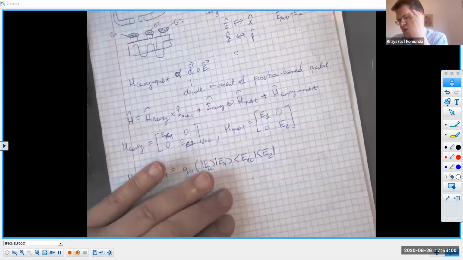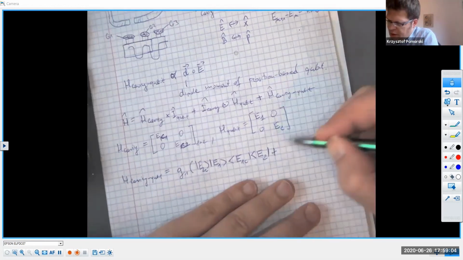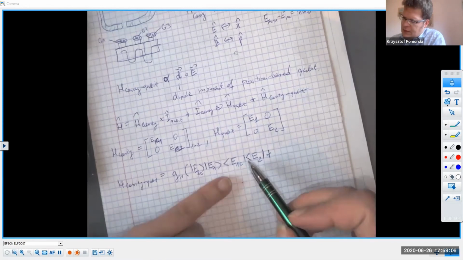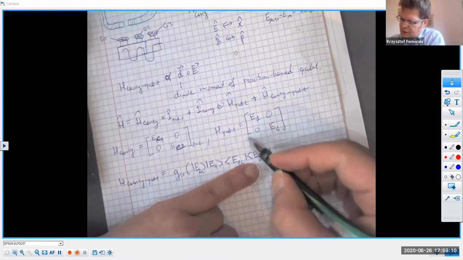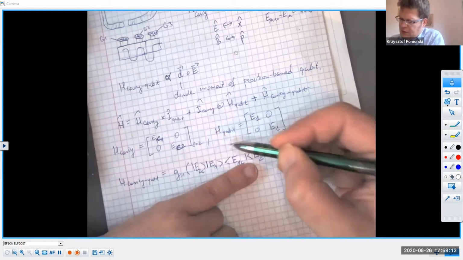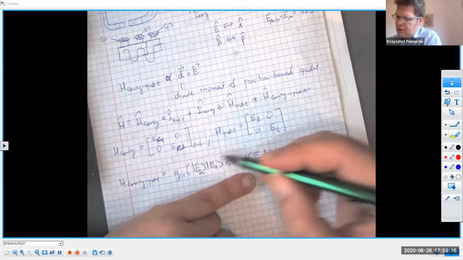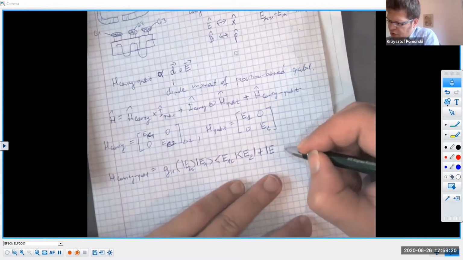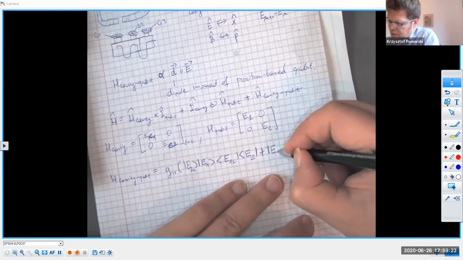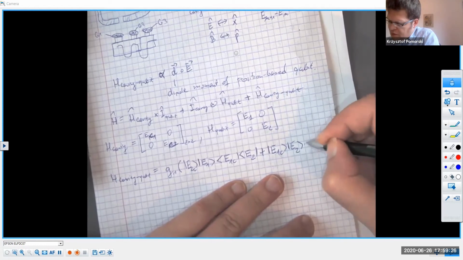Either this qubit which was in excited state goes to the ground state, but at the same time the cavity which was in a ground state goes to excited state, or reverse process, which is basically, you will see, just give me a moment.